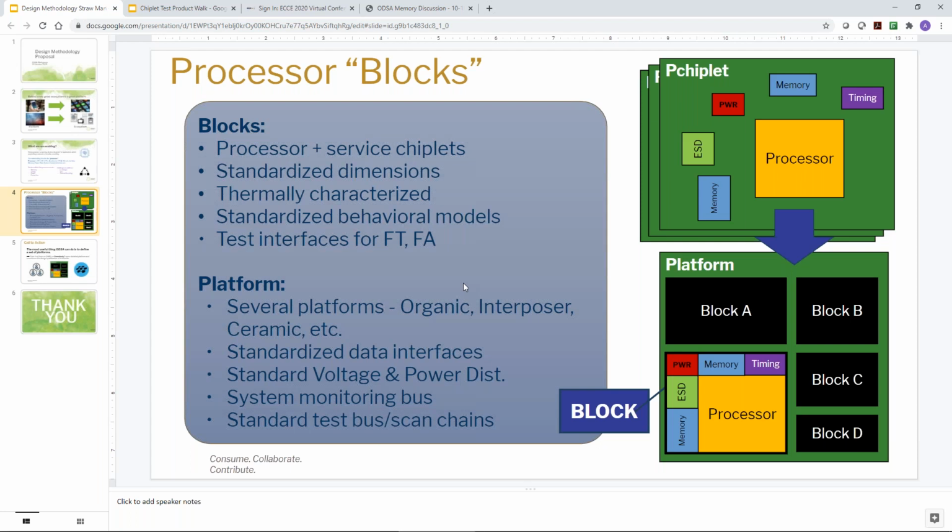And then the platform is really about your packaging, your substrate or interposer, or the way that you're going to interlink the processors. Because this is about data and crunching numbers, so we want to interlink these number crunchers with each other so that they can pass data efficiently. So the platform is that pathway, right? As well as things like power distribution and system monitoring or system control.